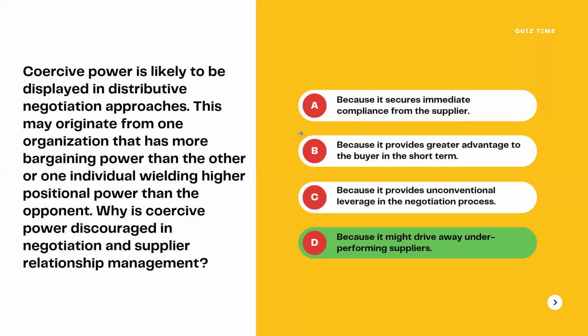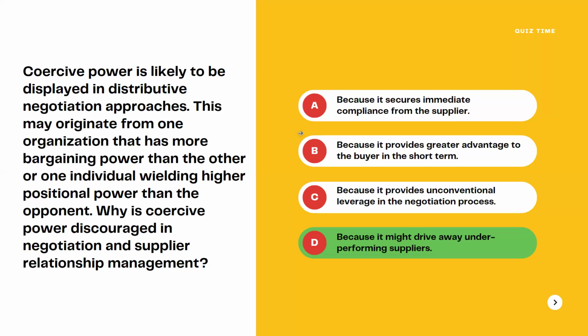C, because it provides unconventional leverage in the negotiation process. Okay, again, I don't think it is any kind of disadvantage. It may provide the unconventional leverage, but we have the leverage. That's a point to encourage, not a point to discourage.